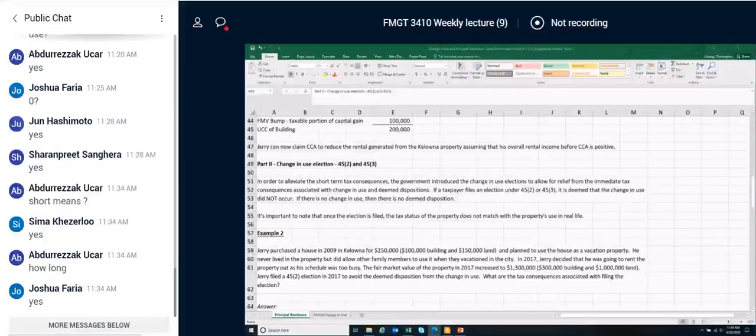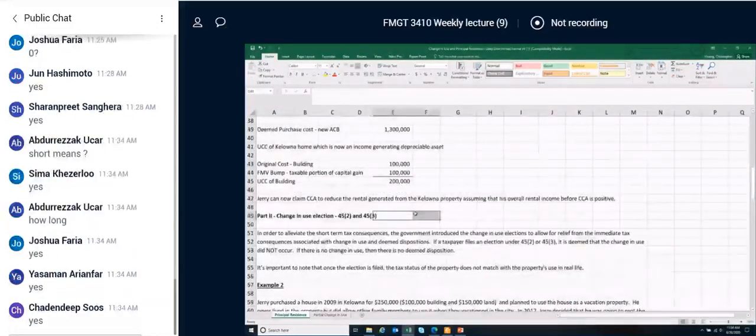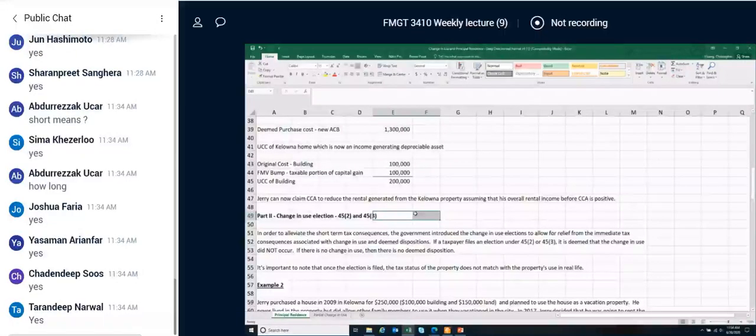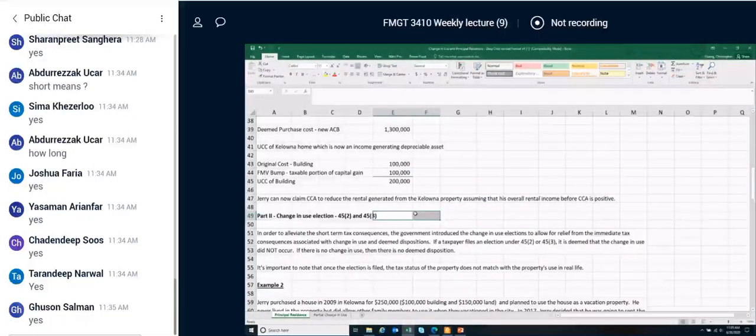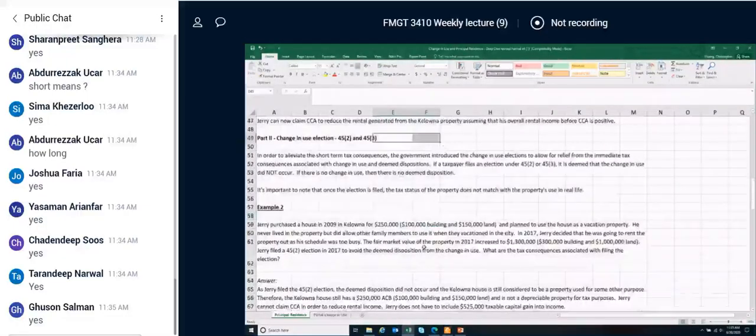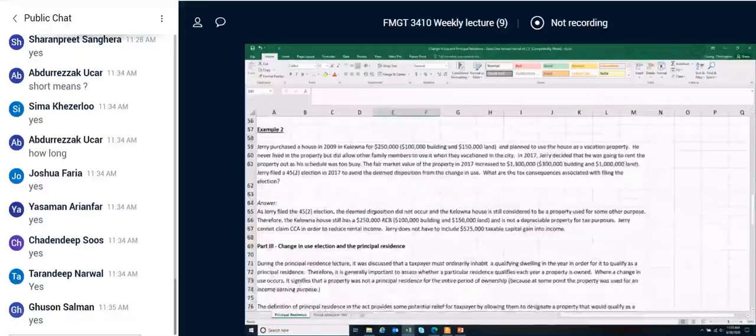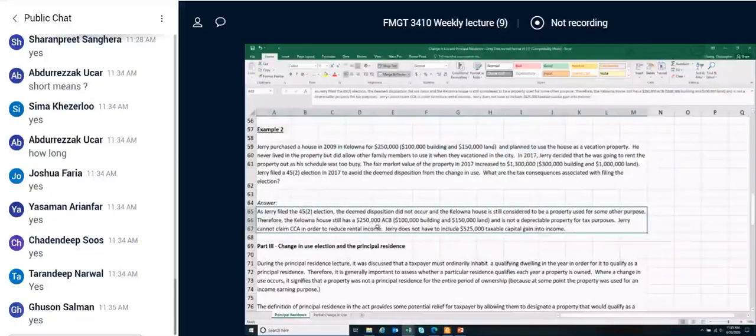Okay, so the government said, number one, this is indefinite. In terms of how long do we ignore the change in use? Well, we ignore the change in use forever. So that means once you file this election, forever, Jerry can't claim CCA. Now the question then becomes, all right, so we file this election, no deemed disposal, there's no capital gain.